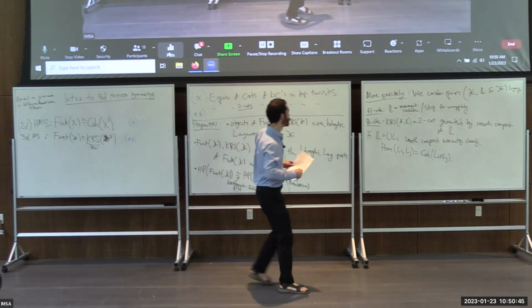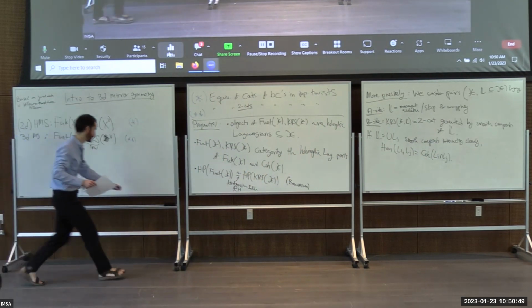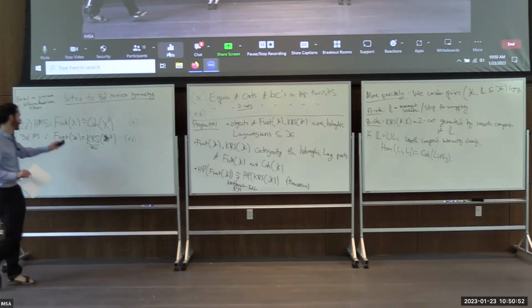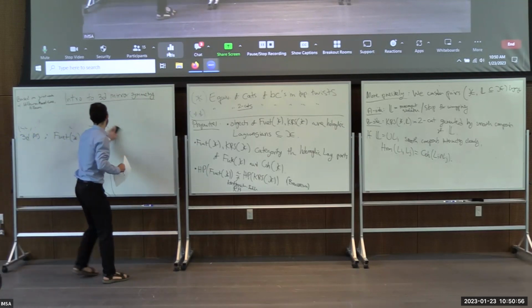Okay. So I should, I guess, say something about this Hilburn 2 category. I think I can erase this board. Everyone remembers the statement at this point. It looks very similar to the usual mirror symmetry statement.